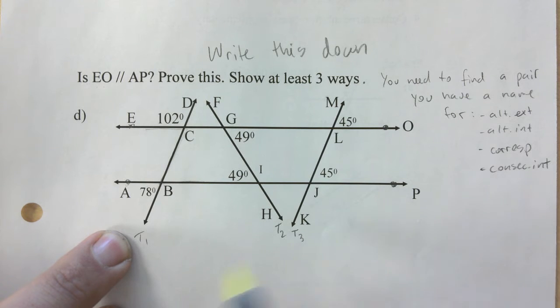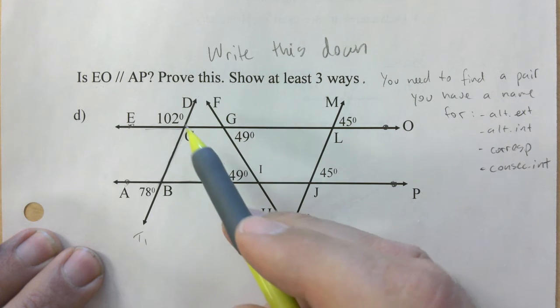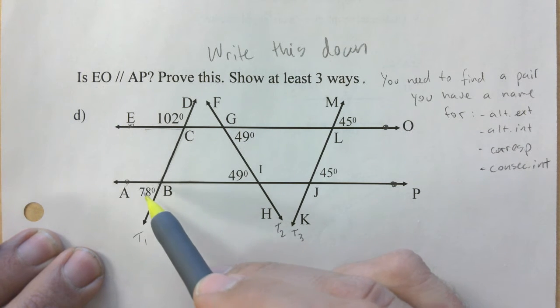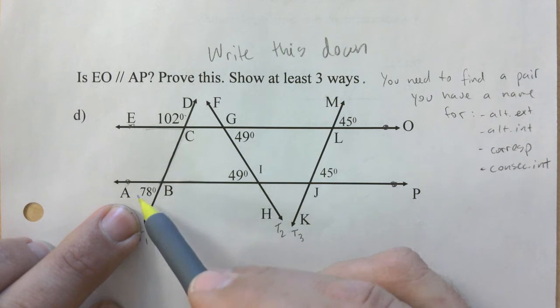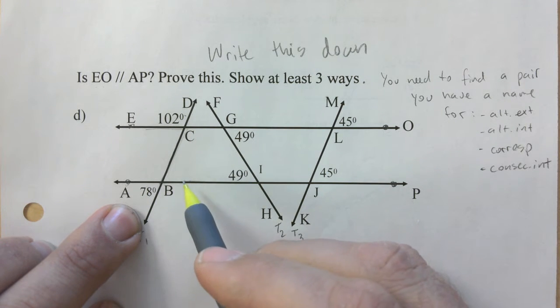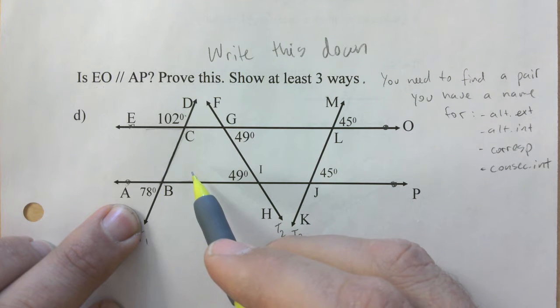We're going to focus on this one right now. As it stands, we do know what these two measures are, but we don't have a name for them. They kind of look like they're corresponding, but we really don't know.